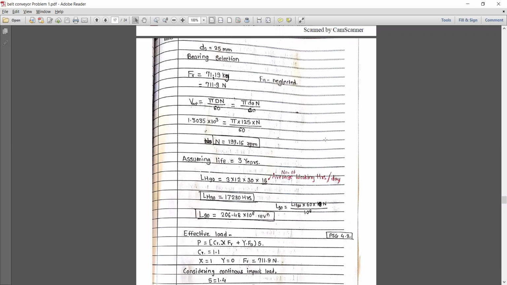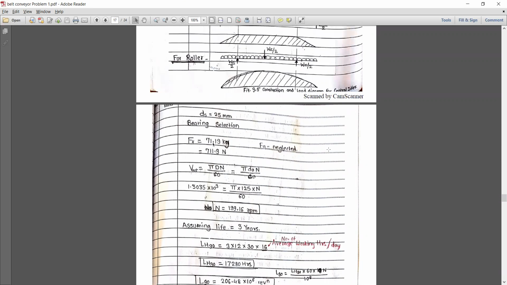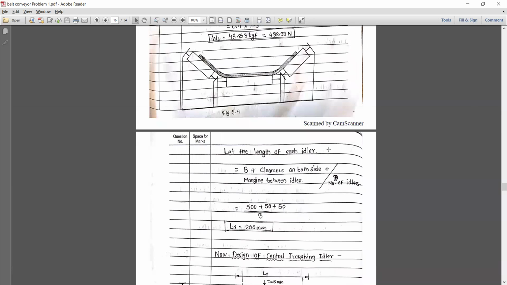The idler diameter we consider as 25 mm, which we have already described while selecting the belt design. For bearing selection, the radial load is considered as 70.19 kgf, and the axle load is totally neglected. We have already calculated the value of Fr.